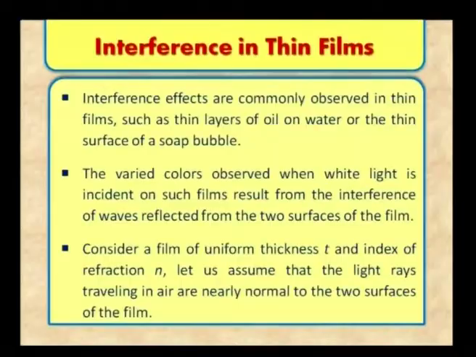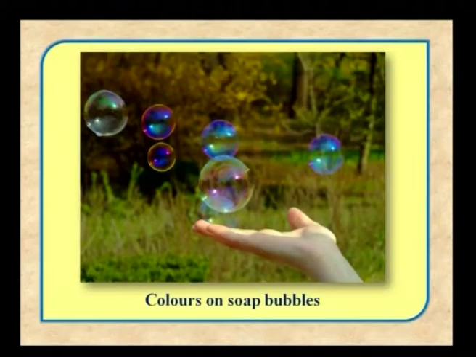A small layer of oil spilled on water is the so-called thin film. Or consider a soap bubble. You have a bubble, with air inside, and the bubble appears to be colored. The coloration is due to interference.